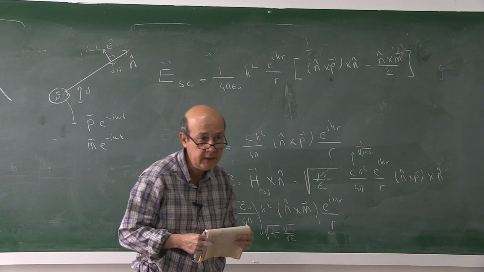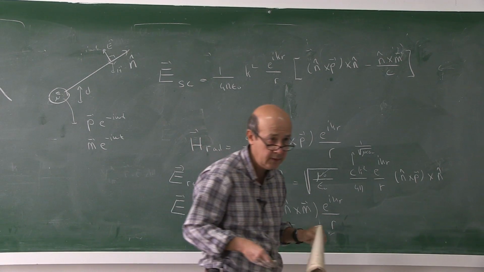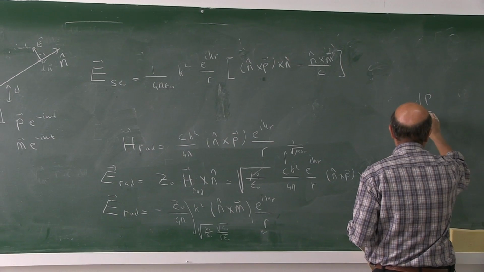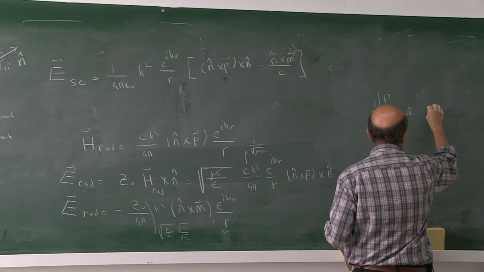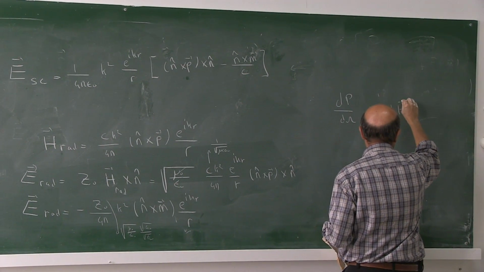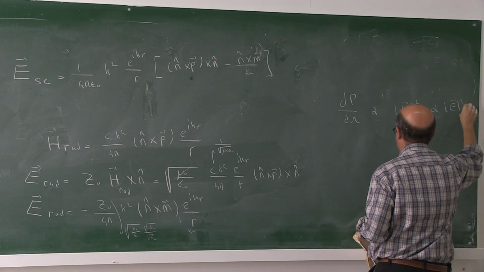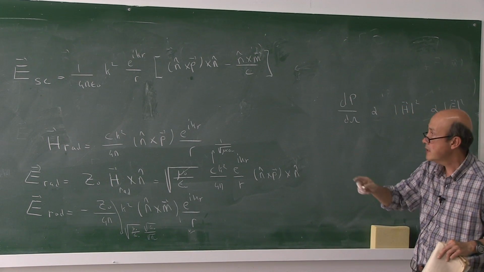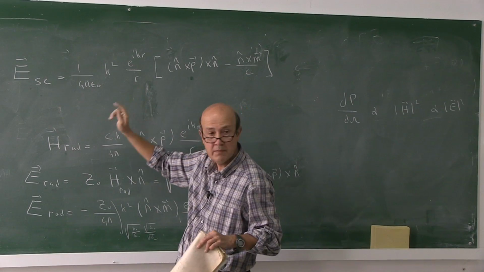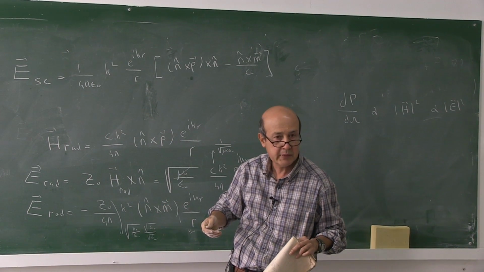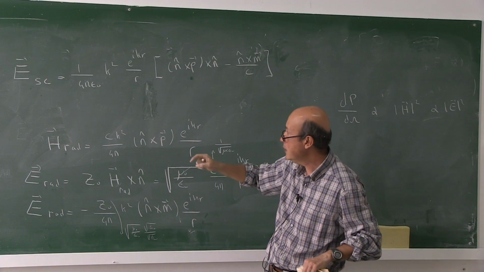If you want to calculate the power emission, you have two options. Either it goes as H or it goes as E squared. Since they are spherical waves, it is everywhere 1 over r squared, and r squared will be cancelled.